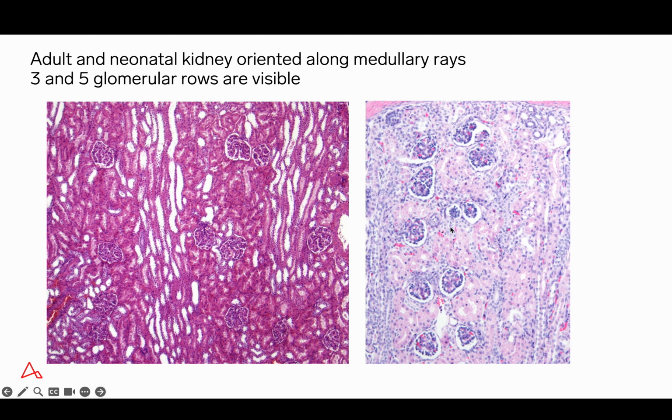In addition, here on the right, I have a newborn kidney in which the row-like orientation is even more readily seen. The medullary rays are right here on the side, and we have 1, 2, 3, 4, and 5 nephron rows, or a radioglomerular count of 5 if that was the entire cortex.